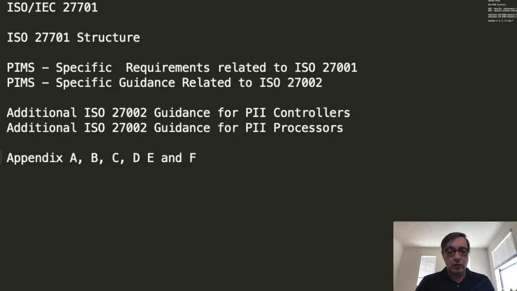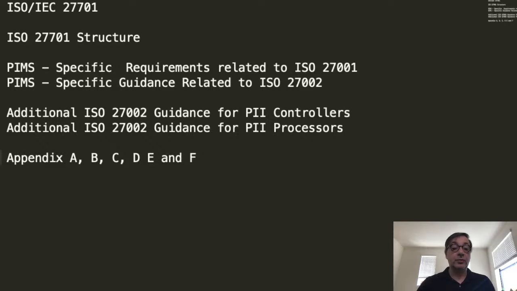So every time you see information security used in 27002, you have to replace it with information security and privacy. That is the approach that ISO suggests.